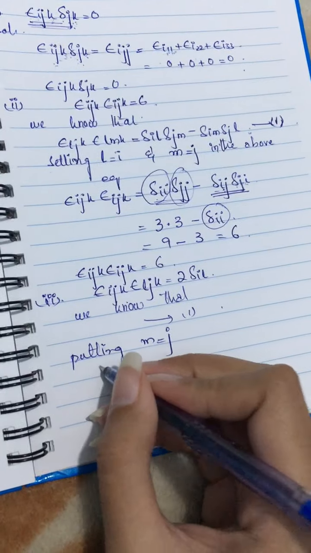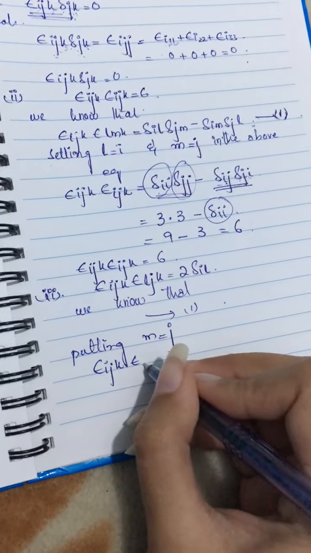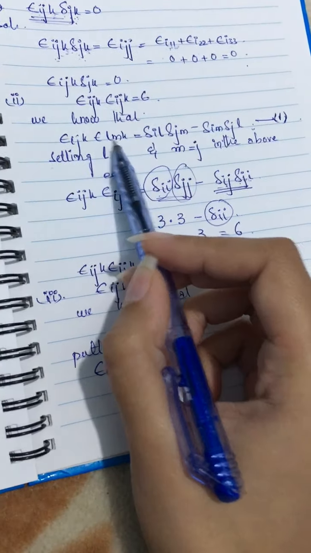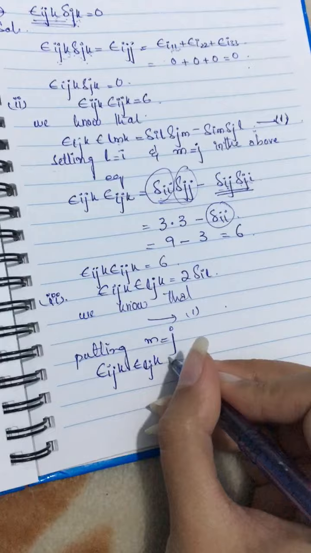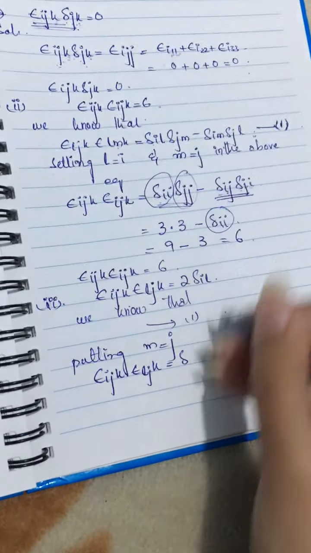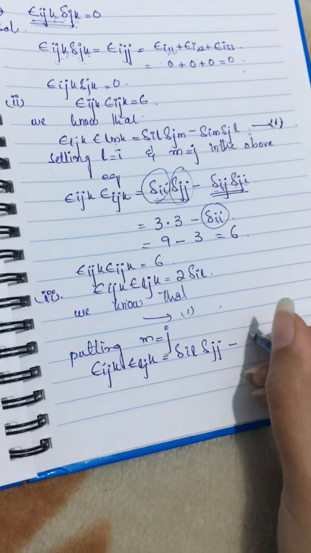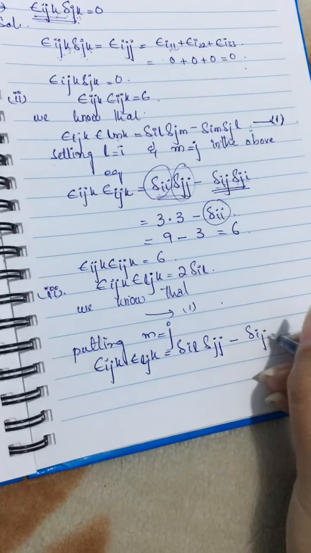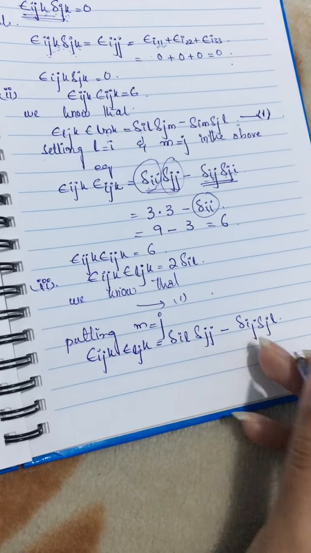So we have ε_ijk ε_ljk, in place of m I am putting j, that is equal to δ_il δ_jj minus δ_ij δ_jl. We have this condition here.